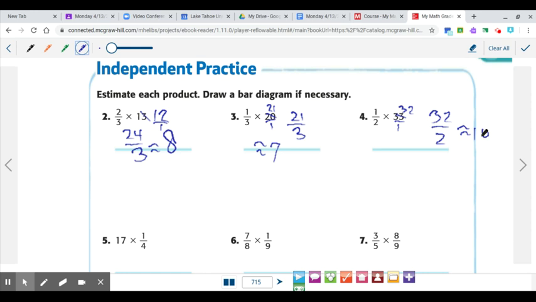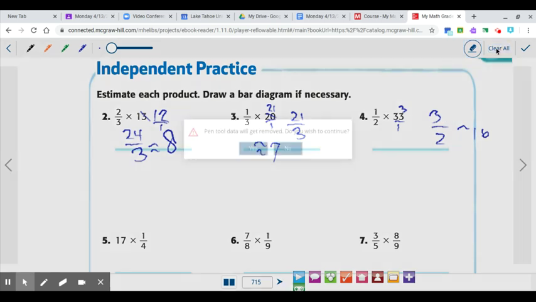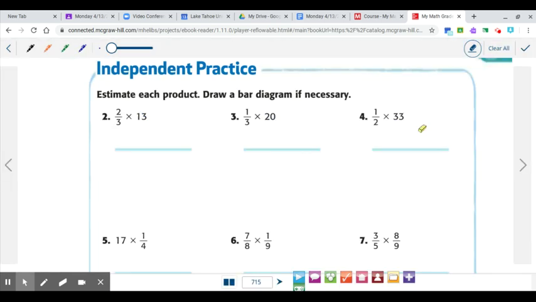Okay. Now, I want to show you a different way to do number 4 just so you can understand that when you're estimating, they're not all going to look exactly the same. Okay. So again, we're trying something different over here on number 4.